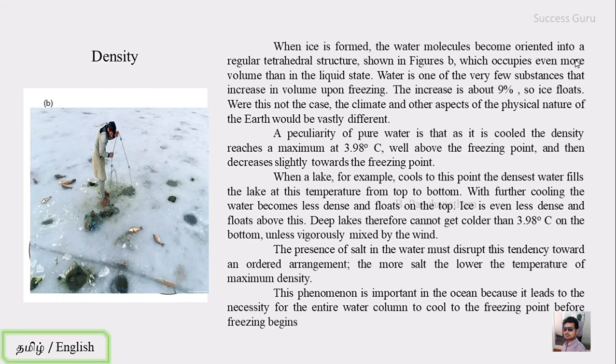So if this property is not there, that is, if the water's highest density is not at 3.9 degrees Celsius, what happens? The complete lake may get converted into ice, and all the living things that were earlier there will get extinct, right? They will die, and after some time, what happens? There is nothing, right?